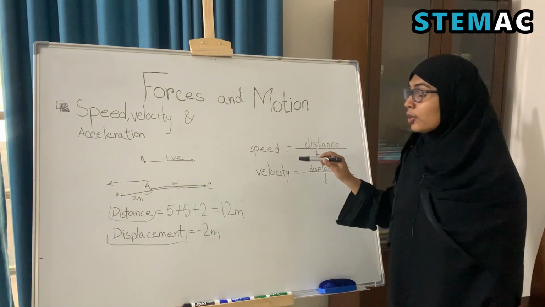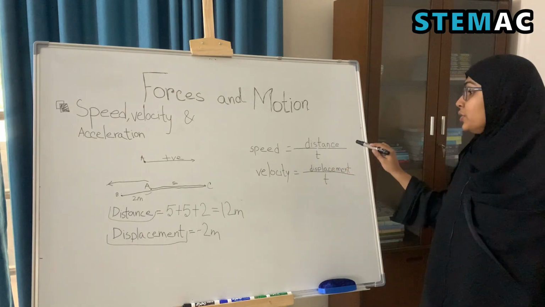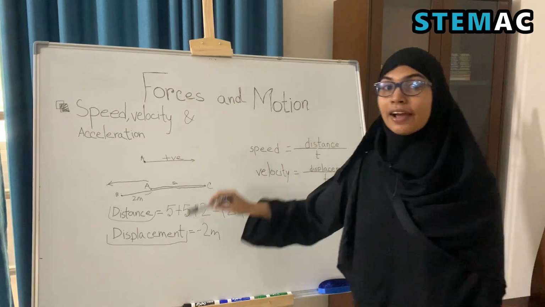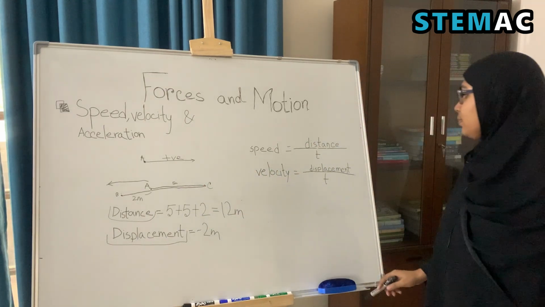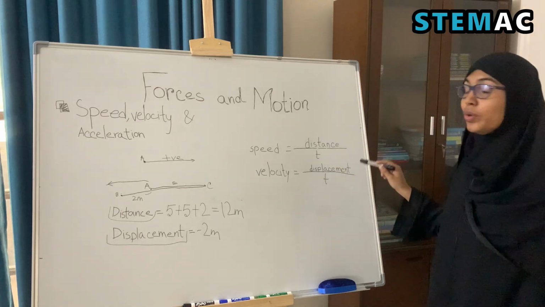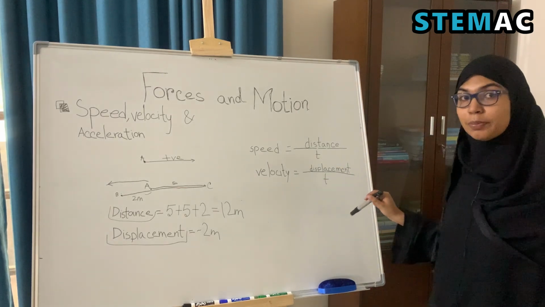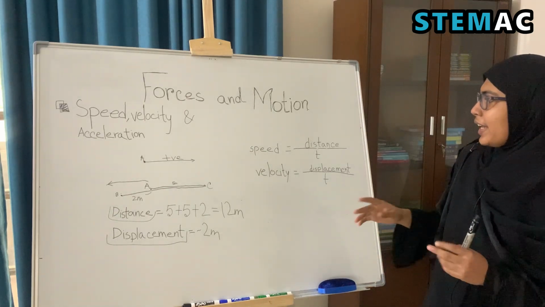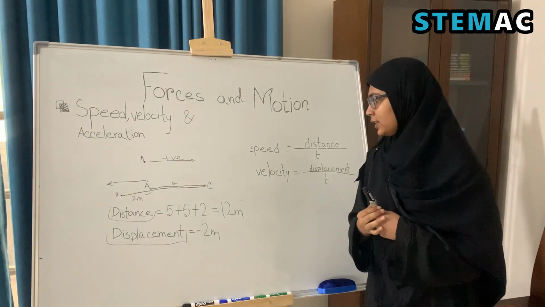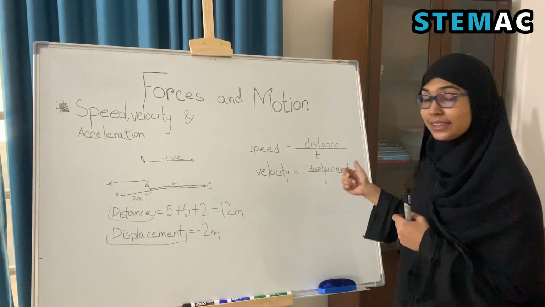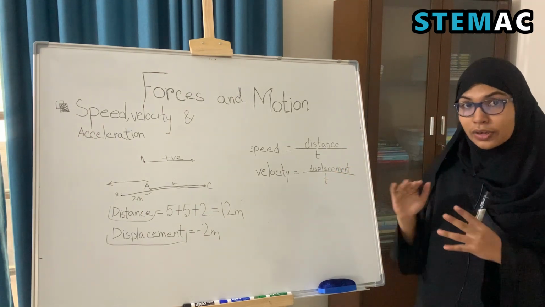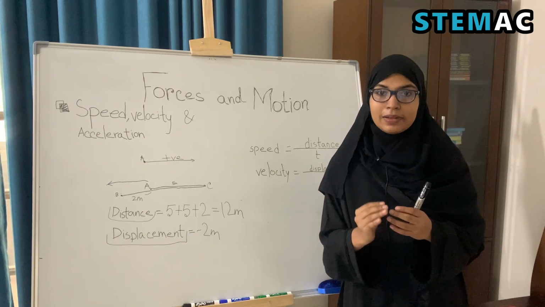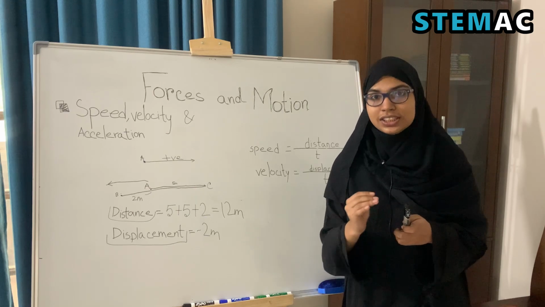When we calculate speed, we take into account distance, that means the number of meters I have traveled in my whole journey. But when measuring velocity, we take into account displacement and not distance. So we can already sense that when measuring distance, we only take into account the size, that means the magnitude, and not the direction.